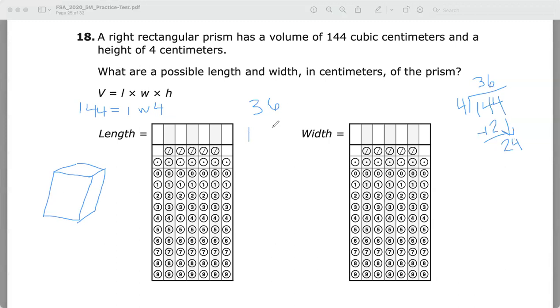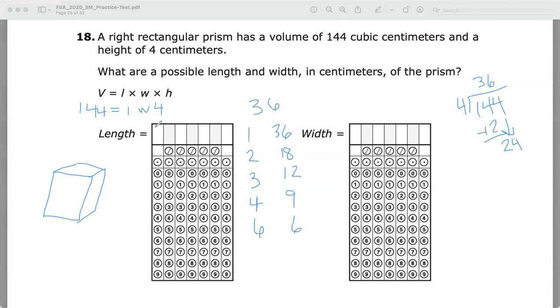So it could be 1 and 36. It could be 2 and 18. 3 times 12. Right? 4 times 9. 6 times 6. So it could be any of these.